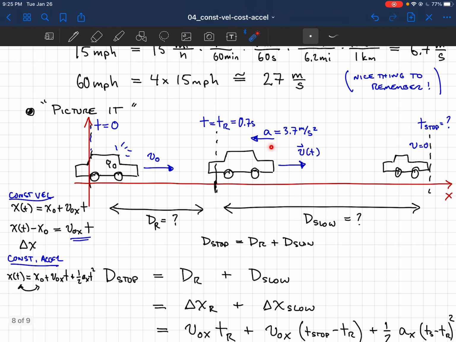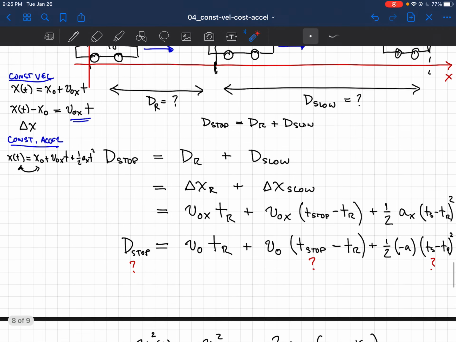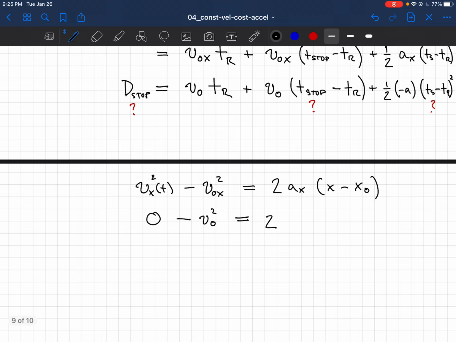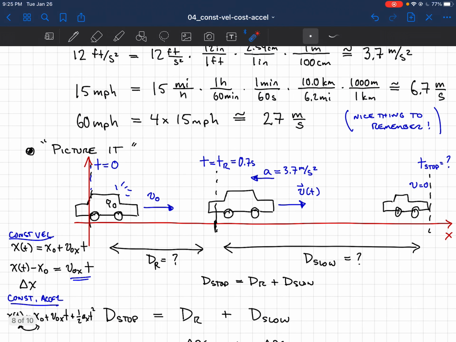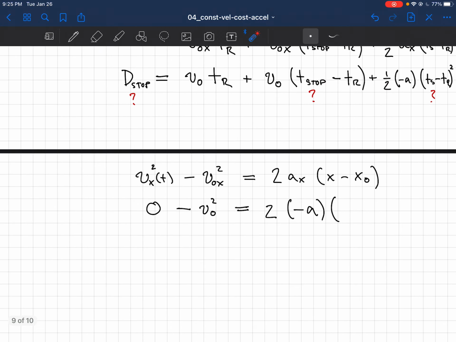ax, that's going to be the x component of this vector, so that's going to be negative. So that's going to be minus a. And then x minus x0, well, that's the difference in position from here to here, so that's what I called d slow.